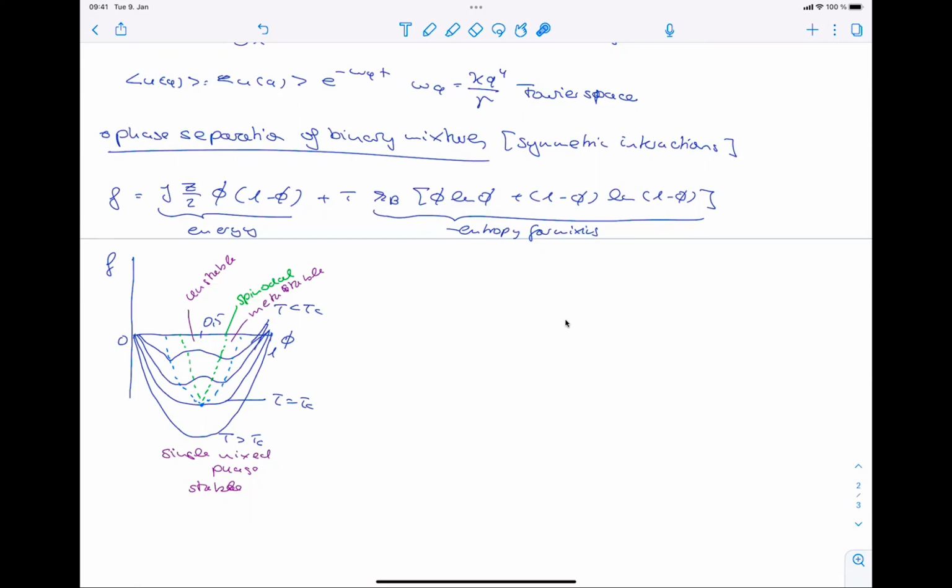And so a half will always, below the critical temperature, be unstable. So I prepare the mixture and just small thermal fluctuations, small wavelength fluctuations, will drive the system to fall into these two separate phases.